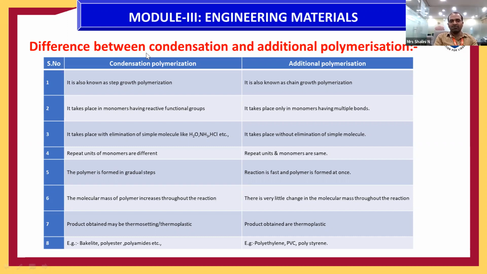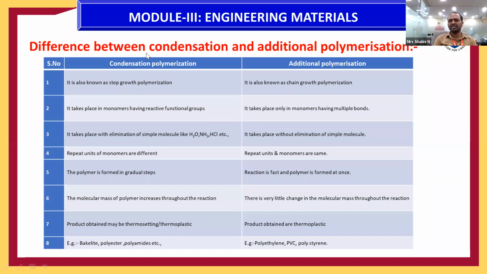In condensation polymerization, the molecular mass of the polymer increases throughout the reaction. In addition polymerization, there is very little change in molecular mass through the reaction. In condensation polymerization, the product obtained may be thermosetting or thermoplastic. But in addition polymerization only thermoplastics are found.